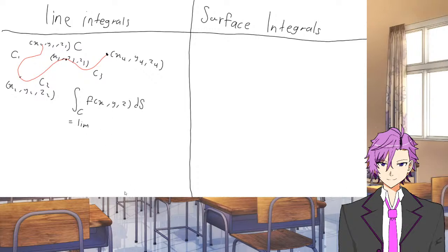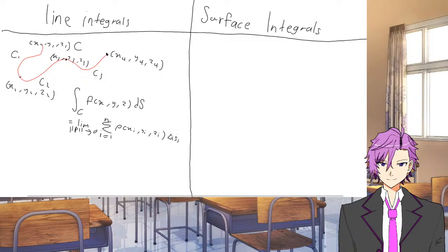of p approaching 0, then we'll do the summation starting with i equals 1 up until n, with defining the mass rho(xi, yi, zi), and then we'll do delta s and also i.